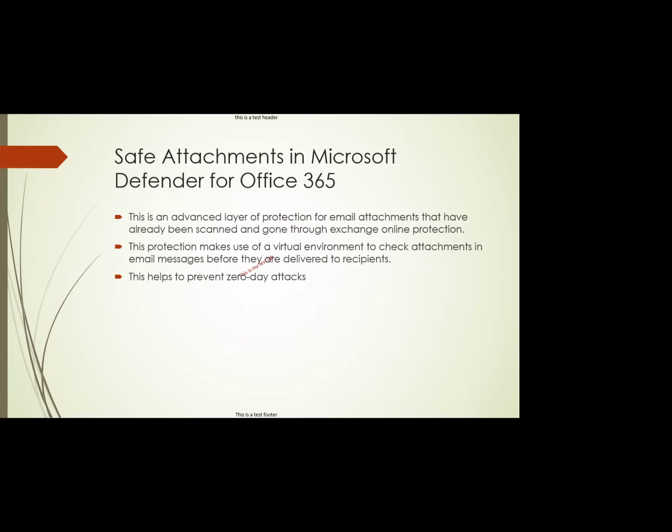When safe attachments is configured for users and an incoming email carries an attachment, it's going to scan the attachment first. If it contains any malware, it's going to scan it in a sandbox environment and detonate it there before it gets delivered. If the attachment is malicious, it's going to quarantine the attachment and deliver the email without the attachment.